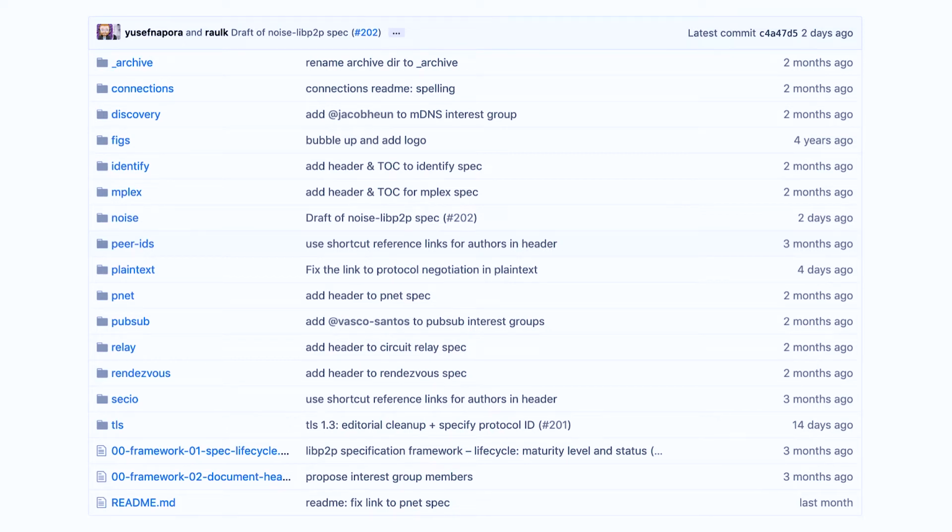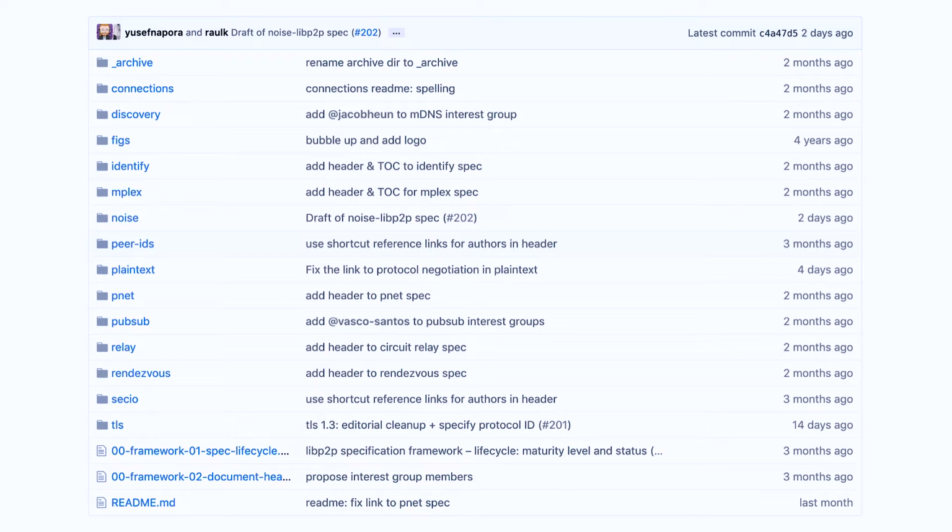At the beginning of this year, we probably had like 30 to 40% of libp2p specified in some English prose of varying quality, but somehow specified. I think we're now at 70% and much higher quality, and we're trying to get to 100%. So if you go to libp2p/specs and you haven't been there in a while, I think you'll be impressed.